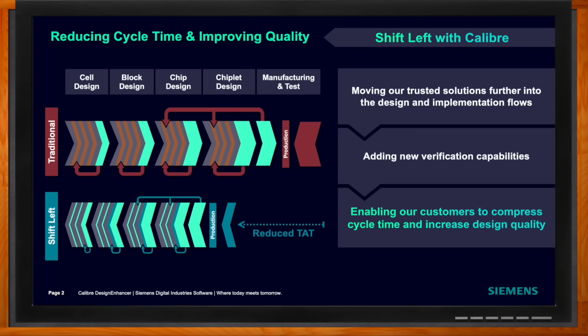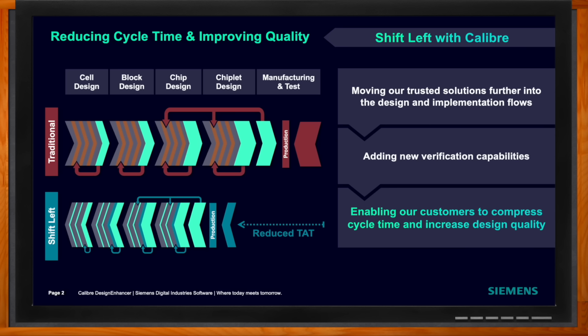We call it shift left, which is what we're calling these new products. Really, all it's doing is taking and focusing specialized Calibre algorithms on particular steps in the flow that we know can be optimized better, because we have customers asking us, hey, can you help us in these areas of our design flow?